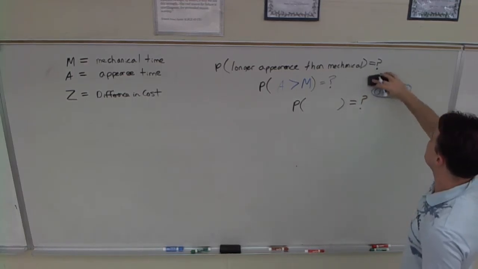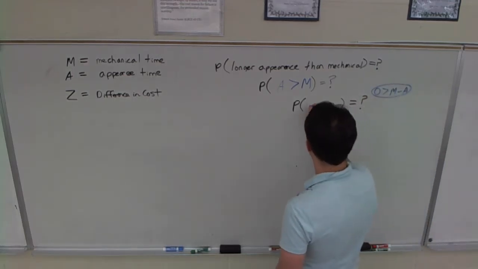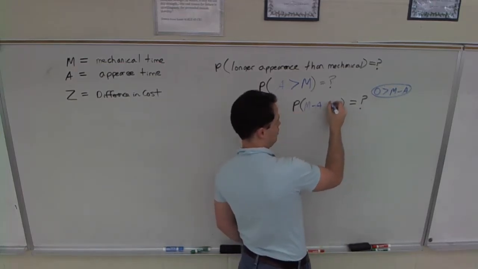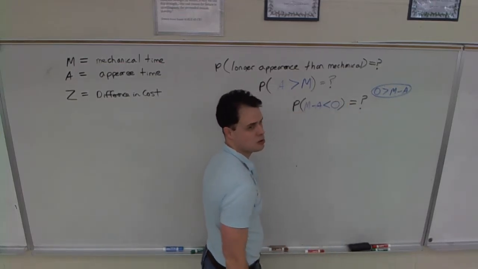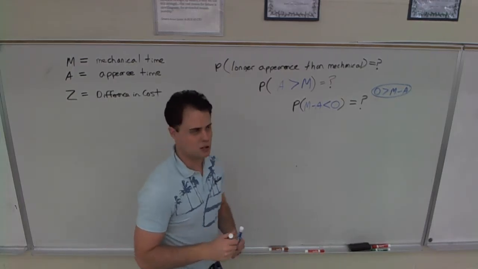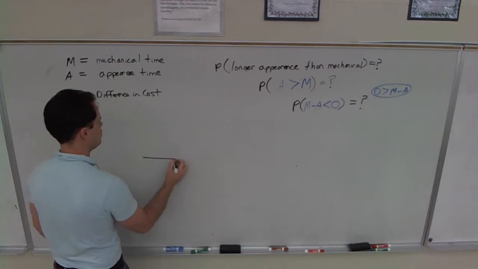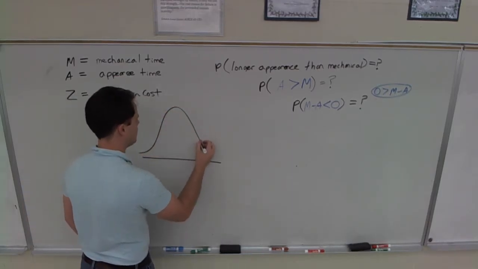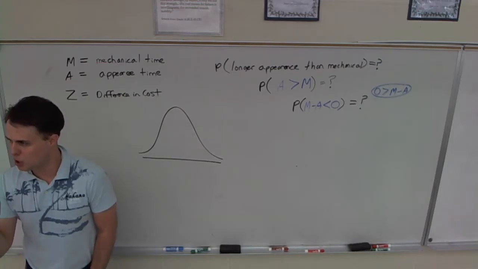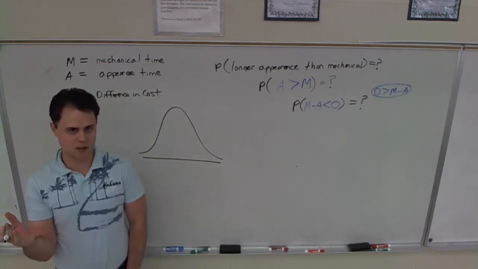So there we go. What's the probability that M minus A is less than 0? We have all that information. We don't have to go back and do it again. Z-score time. You've got the distribution of M minus A. It's a continuous random variable distribution. You know its middle because we spent all that time calculating its middle.